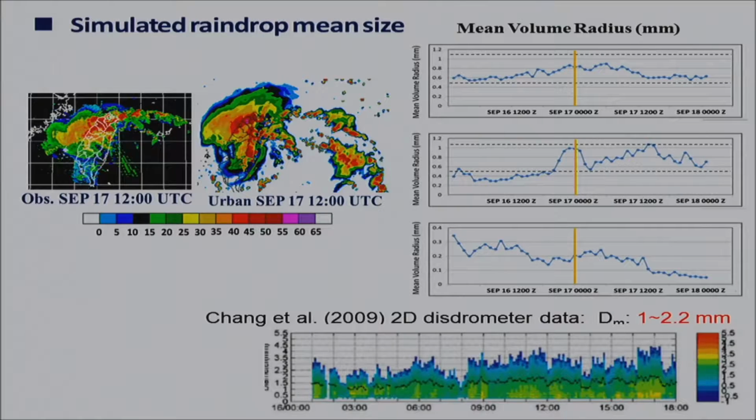So our scheme produced very good results. It fits the observation very well, but not other schemes. We also tested other microphysics options, which give even smaller particle sizes. So this shows the importance of including an aerosol and cloud-coupled microphysical scheme.